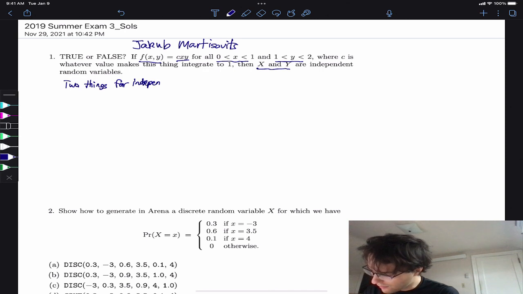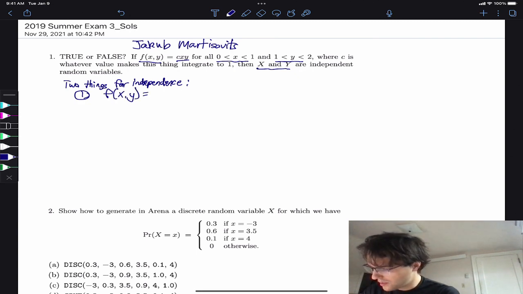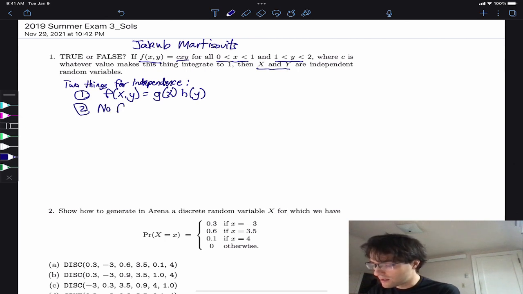The first one is that the joint probability distribution should be able to be written as some function g of x and some function h of y. So you should be able to break it up into these 2 pieces. And the second condition is that there are no funny limits.